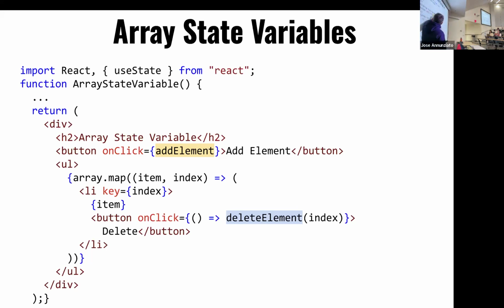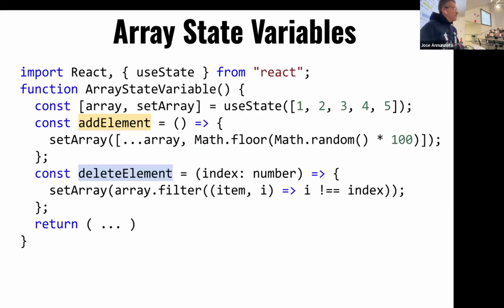Anyway, so let's look at the add element. This syntax, we're not passing any arguments, so we could just use the name of the function. Yes. So when we click on add element, let's look at it. So here's add element, and what we're doing here is that we are calling set array with a new array. See that? It's a new array, which is basically a clone of the old array.